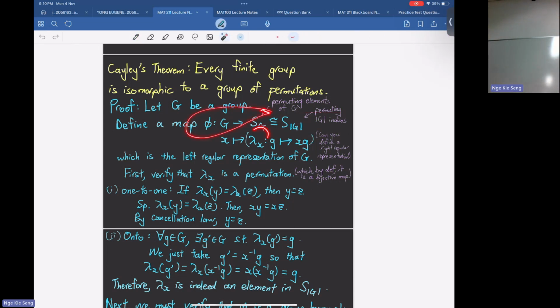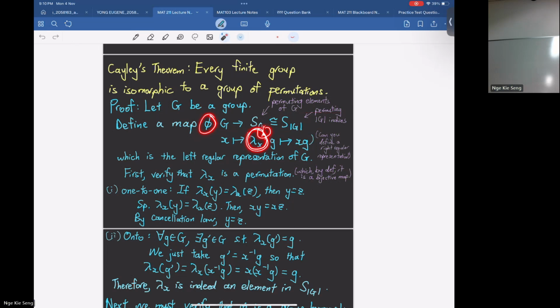To define this map, I need to define the image first. So what's the thing I need to check here? I need to check that this map is injective and a homomorphism. And then I need to check that this image is the right thing to stay inside SG. So to stay inside SG, I need to show that lambda x is a bijection. So there are at least two things to do here: one is about phi, one is about lambda x.